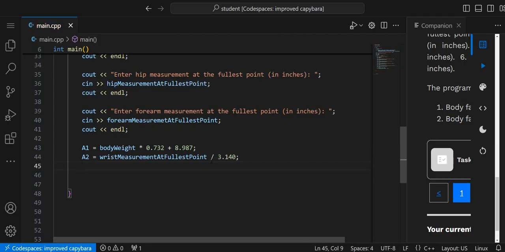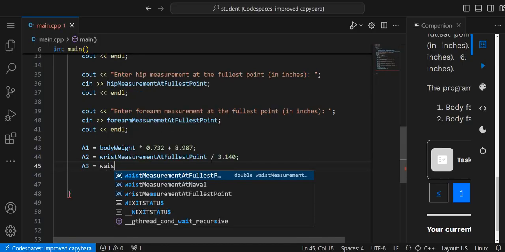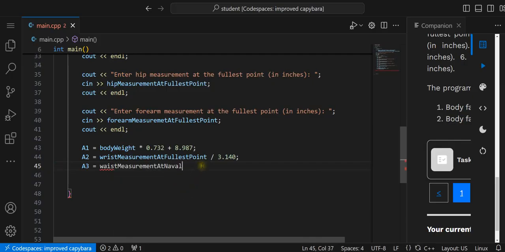Next, we got A3. That equals waist measurement at navel times 0.157.